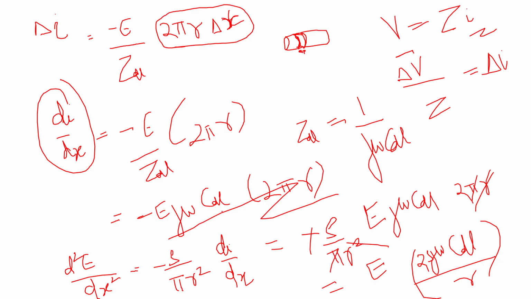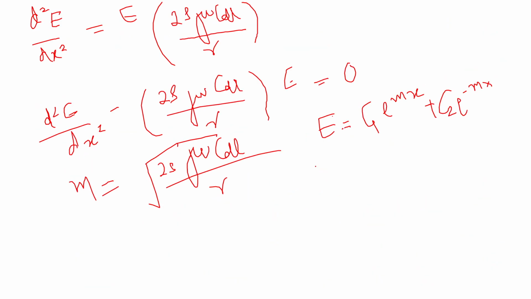Then I have a second order equation with only one variable, E, and rearranging it, d square E by dx square equals E into 2 rho j omega c dl by r. So I'm bringing this entire thing to this side.